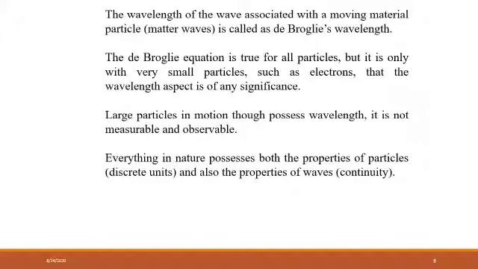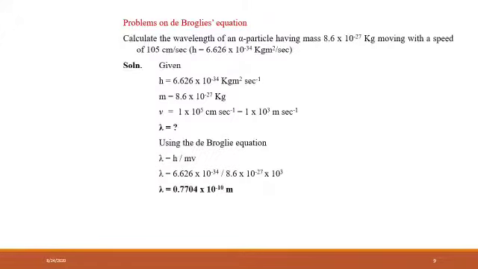Everything in nature possesses both the properties of particles and the properties of waves. So we have de Broglie's equation, lambda is equal to h upon mv.